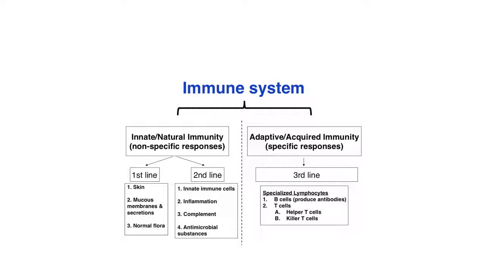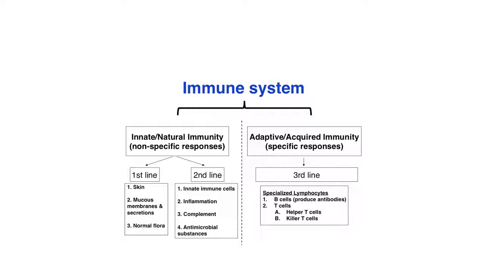Mucosal surfaces are the first line of defense because when you inhale something, for example, it sticks to the mucosa of the respiratory tract. But this mucosa of the respiratory tract also has microbicidal substances like lysozyme.